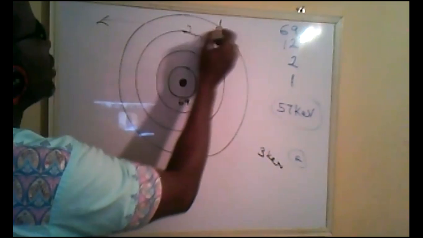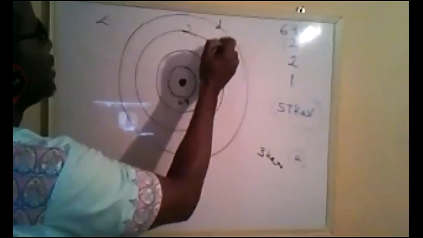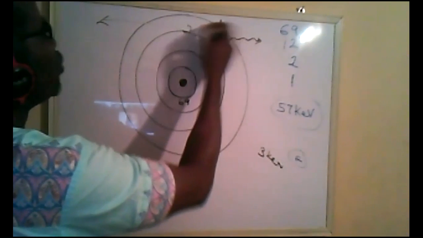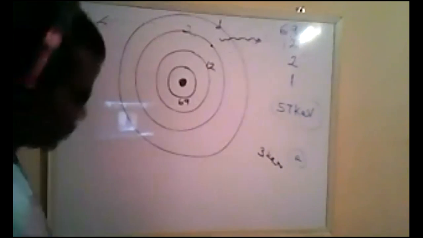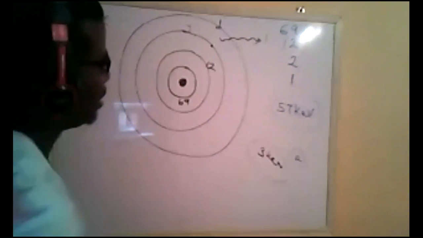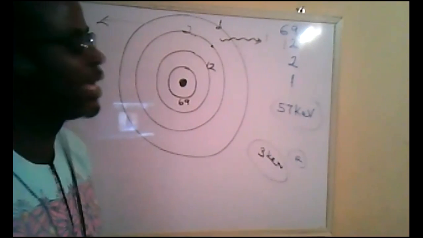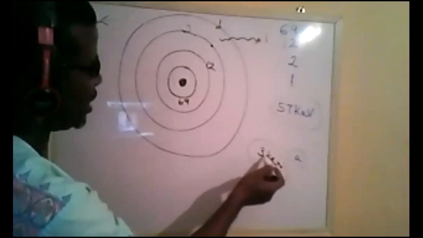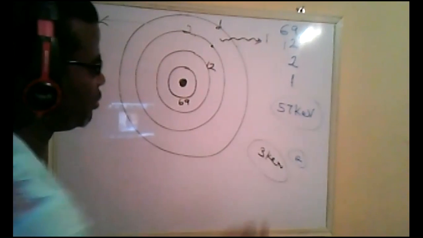This one is 2. We have a characteristic energy of 2 minus 1, 1 keV. So with 3 keV, the highest characteristic X-ray emission we can have is 1 keV.